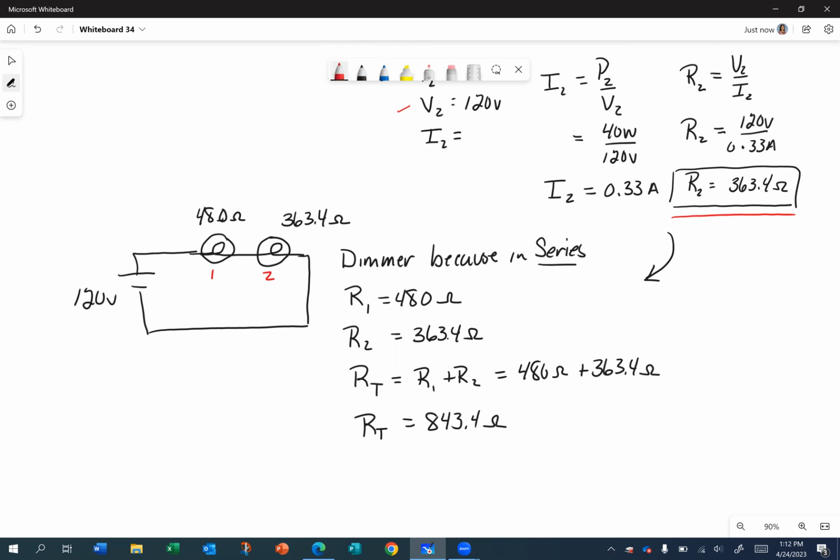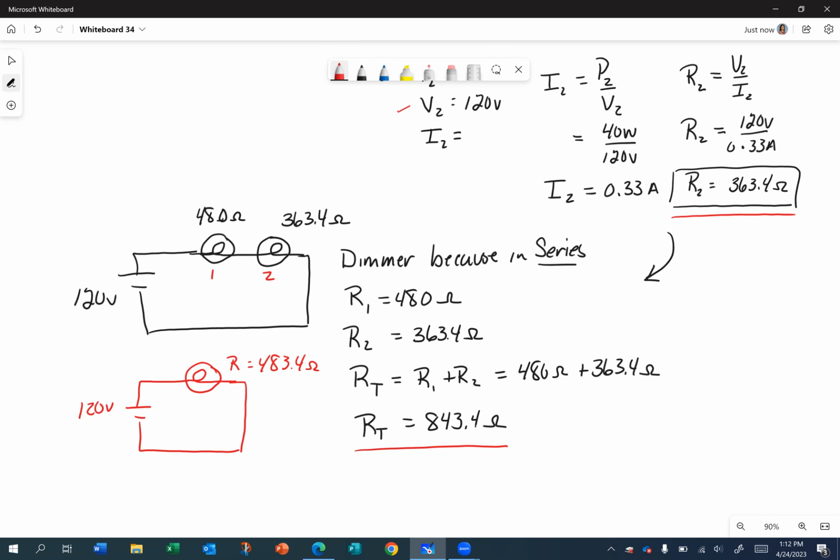Now I'm going to use that total resistance to then find what is the total current coming out of the battery. So we can look at this as one light bulb having a total resistance of 843.4 ohms, and my voltage being 120 volts.